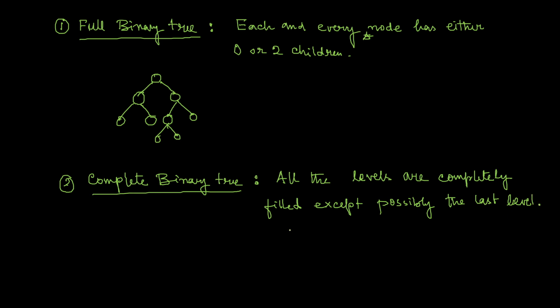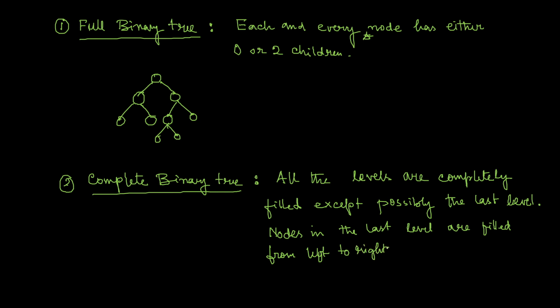This is point number 1, and point number 2 is that nodes in the last level are filled from left to right. What does it mean?